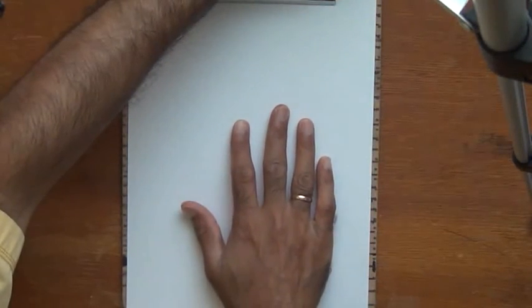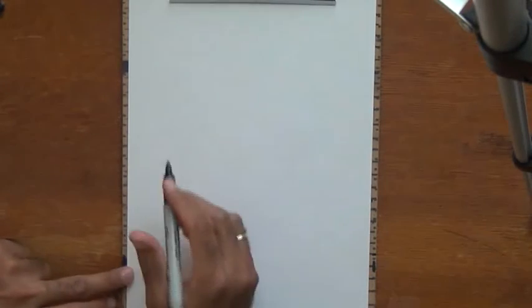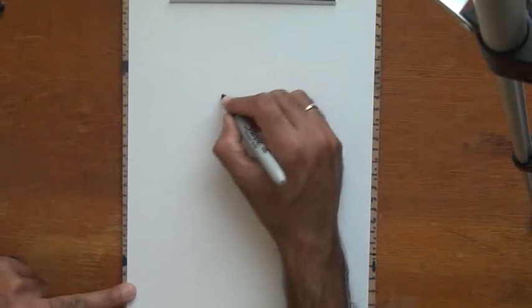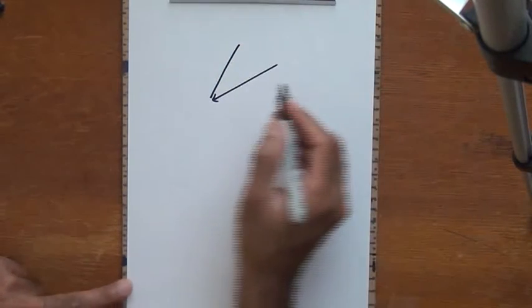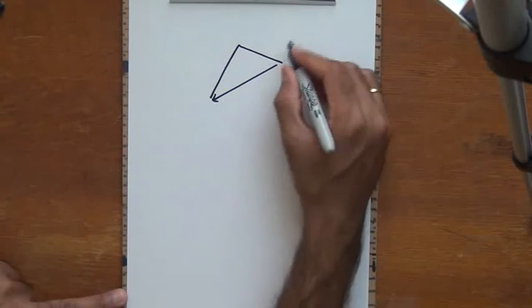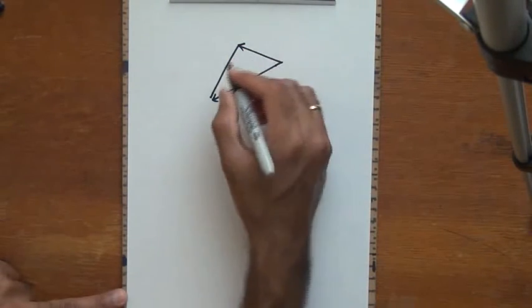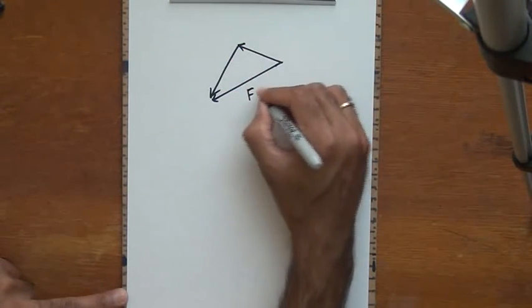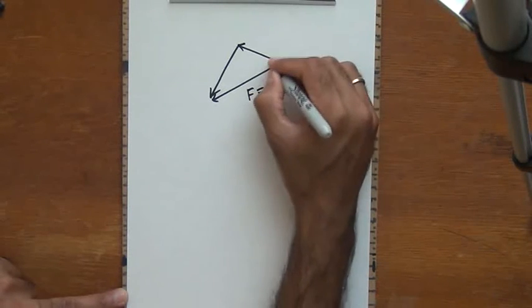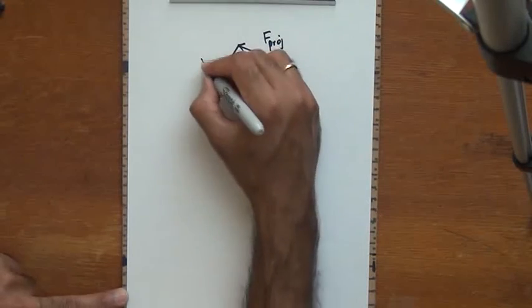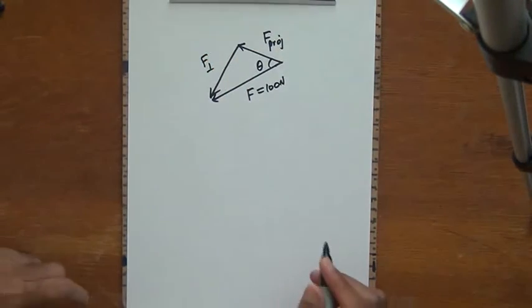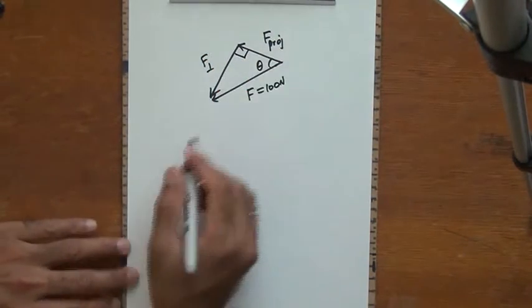Now, for the purpose of simplicity, I'm just going to draw only the triangle without worrying about the rest of it. So I have the force vector F, then I have the perpendicular vector, and then I have the projection vector. So this was F, which was 100 newtons. This was theta, F projection, and then F perpendicular, 90 degree angle.